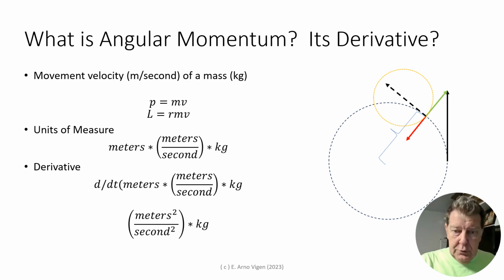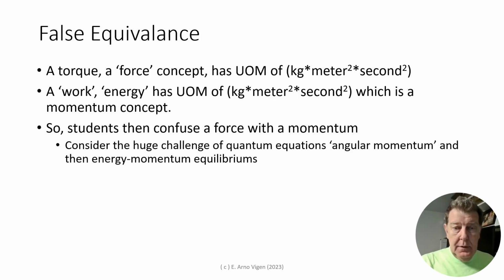Similarly, this is what happens for momentum on the rotational basis. So this is a false equivalence. Torque is really a force, but it has a different unit of measure. Work and energy as applied has this unit of measure, a kilogram meter squared, which is a momentum concept because it's doing the square of the meters and the seconds, this squaring process.